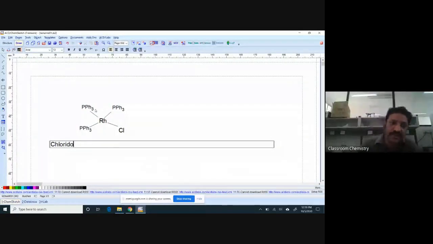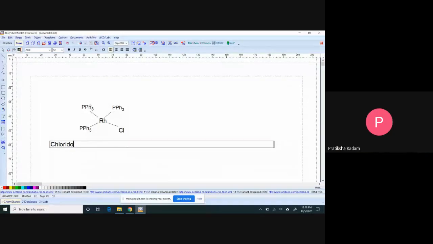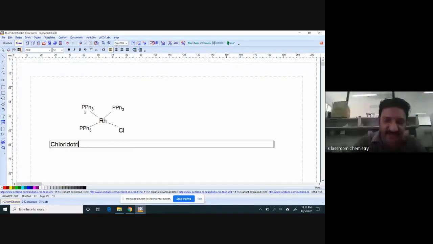Okay, because chlorine is the ligand and alphabetically from this ligand chlorine is the first. Okay, then how many triphenyl phosphine groups? 3. So tris is there, chlorido tris, and in bracket triphenyl phosphine.